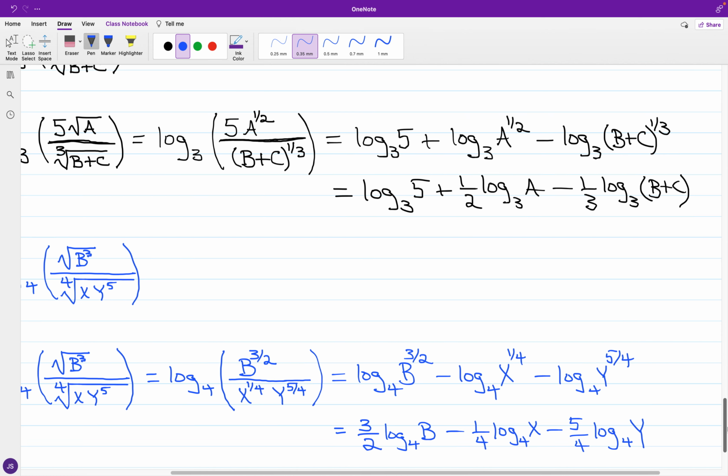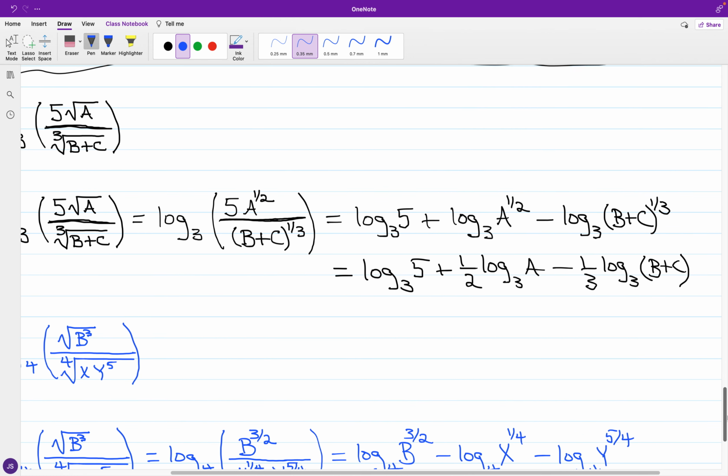Okay, so these are cases of what we have in dealing with radical terms inside.